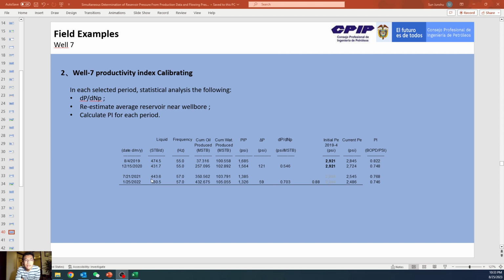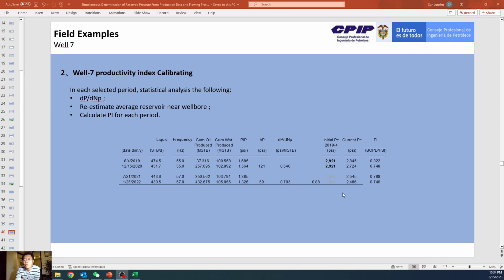In the second period, the delta P is 59 psi, and delta P per delta MP is 0.97 psi per 1,000 barrels.